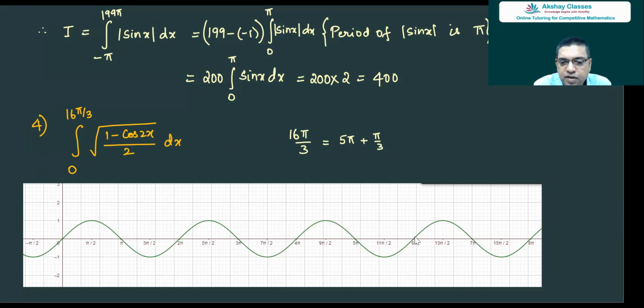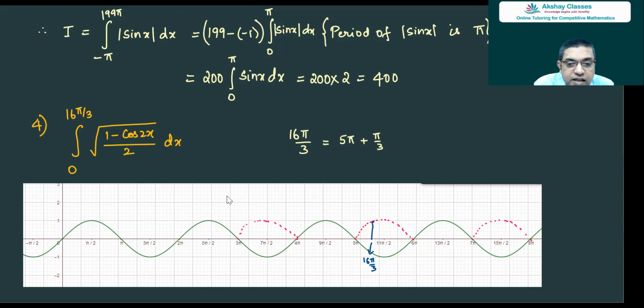In the mod sin x graph, negatives will go to positive, but I'll just hand draw this. Sorry, it's approximate. Anyway, 5 pi plus pi by 3 is somewhere here. This is 16 pi by 3, 5 pi plus pi by 3.